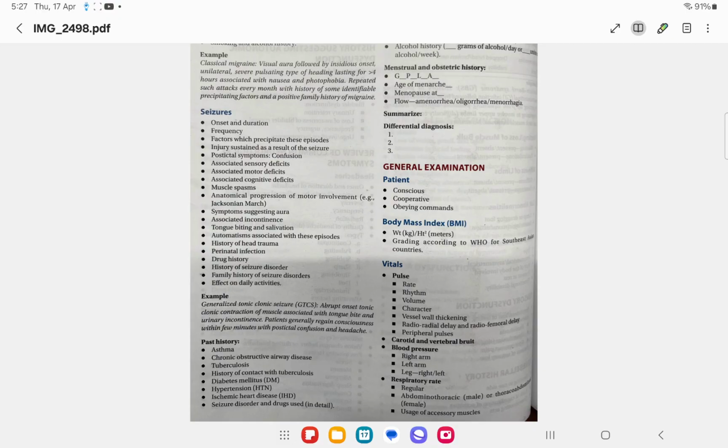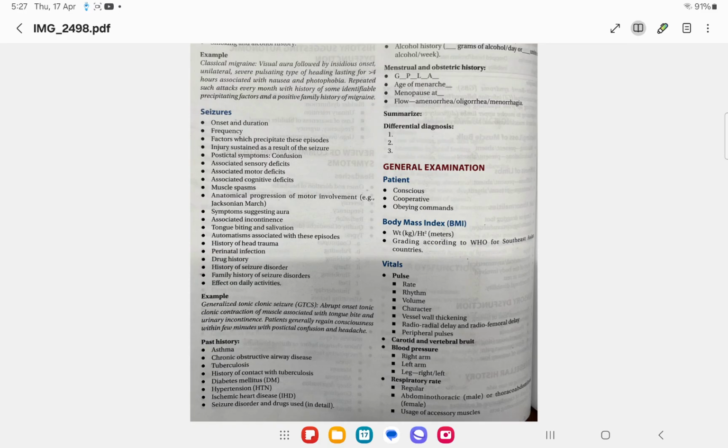So those thrombus can break to form embolic stroke. COPD is the same. TB can produce space occupying lesions in the CNS with neurological deficit, with raised intracranial pressure. And diabetes mellitus, hypertension, these can cause ischemic stroke.